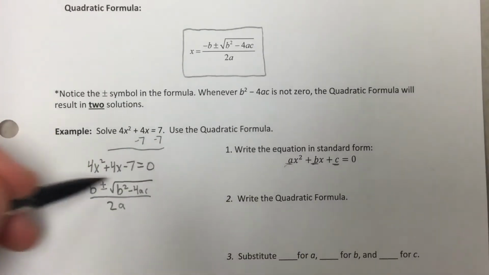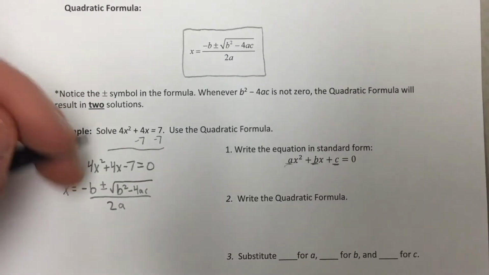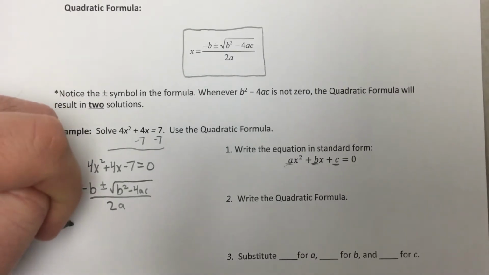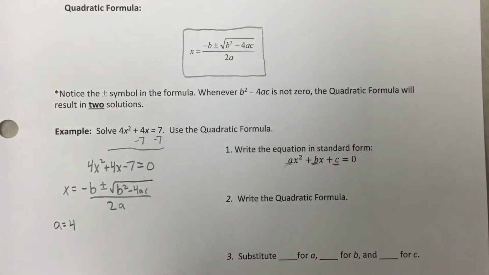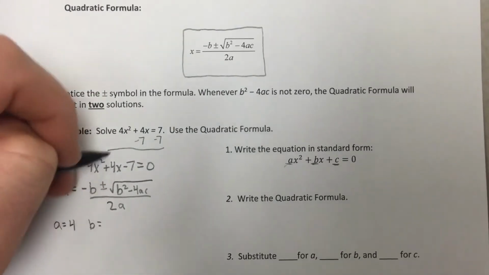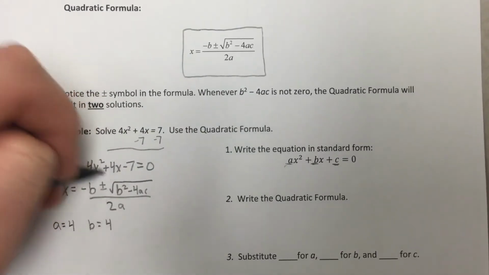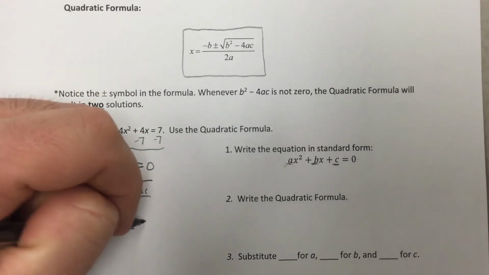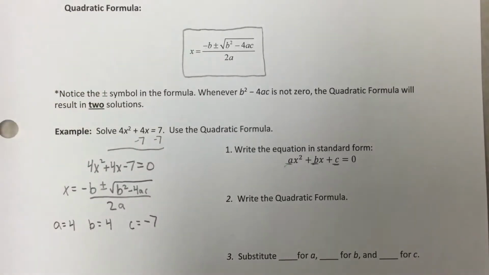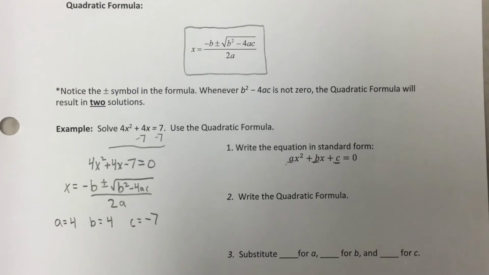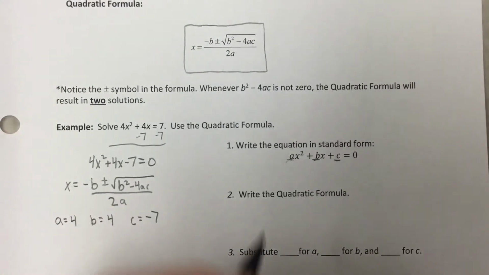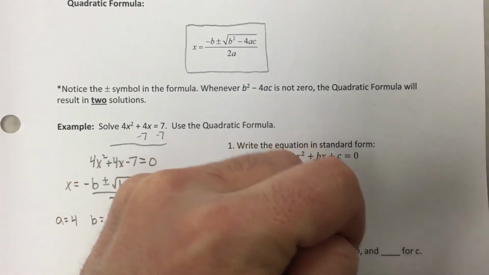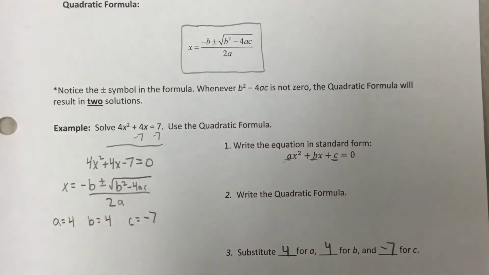So if we're looking at this equation, your a is the number in front of the x squared, which is 4. Your b is the number in front of the x, which is 4 again, but this 4 now. And then the c is the number by itself, which would be negative 7. So we are substituting 4 for a, 4 for b, negative 7 for c.